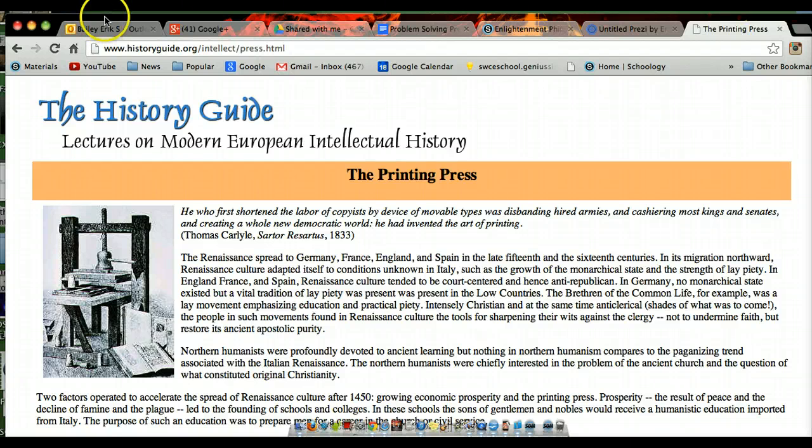You could only really afford to buy a book if you were rich, and that's because people had to handwrite books prior to the printing press. So you can imagine how much a handwritten book costs to buy, and it wasn't available to the poor or even the middle class.